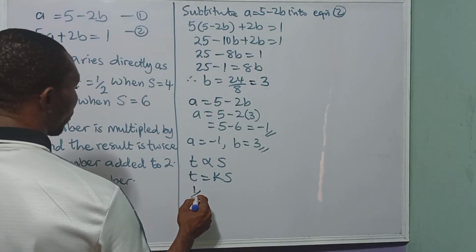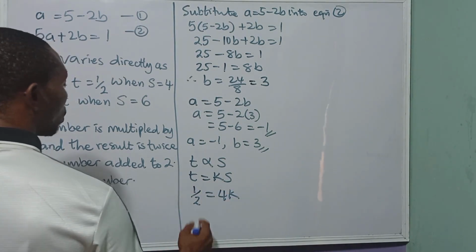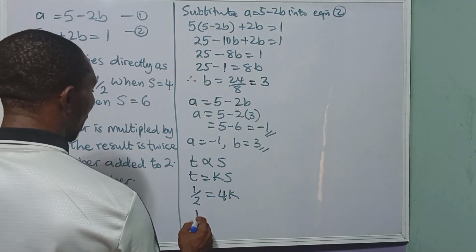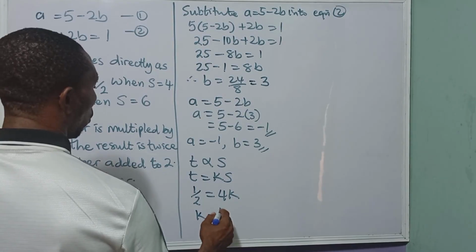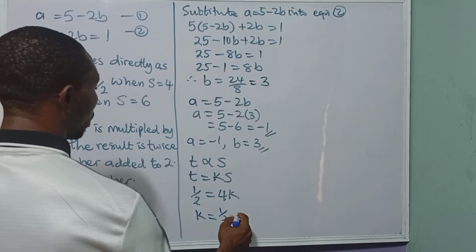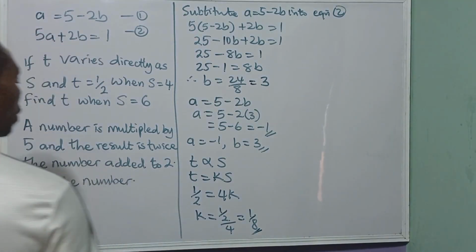So t is half when s is 4. Okay, so that means our k would be 1 over 2 divided by 4, which is going to be k is 1 over 8. That will give us a k.